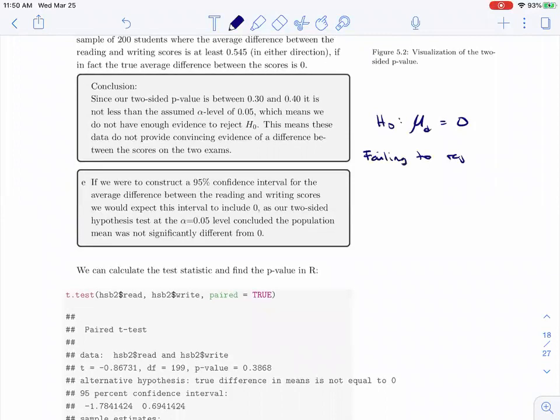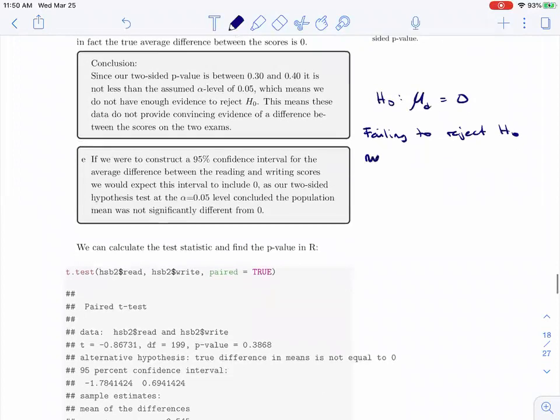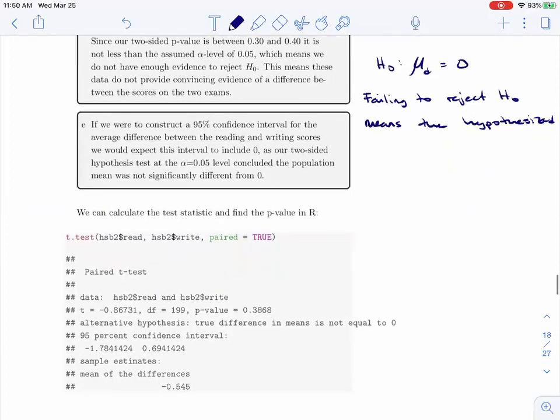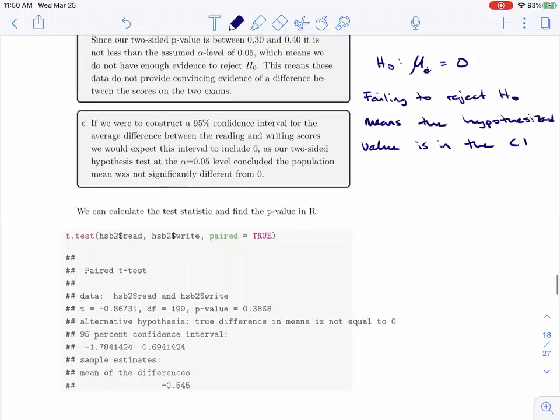Failing to reject H0 means, and this can go both ways, means the hypothesized value is in the confidence interval. Can I just write CI there? Is in the confidence interval.